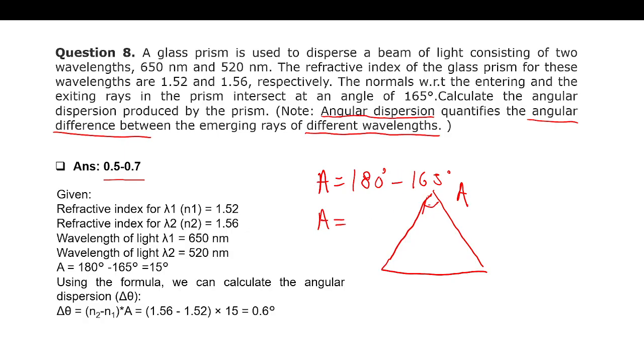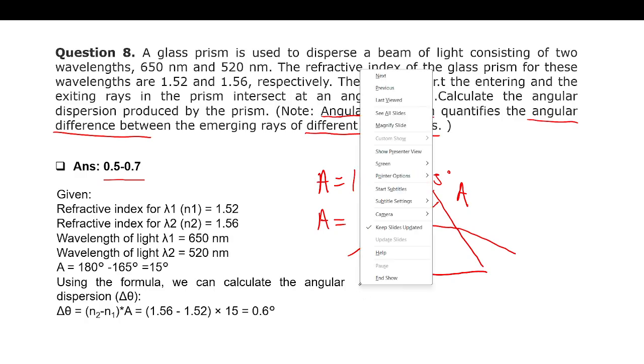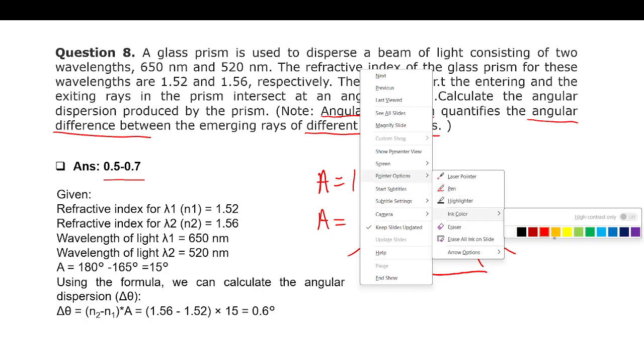This angle A will be 15 degrees. So this can be used for getting the angular dispersion. How much difference will there be? Suppose you have one wavelength like this, 650 is coming like this, and it's moving in this way. But it's the similar way. Let me change the color.